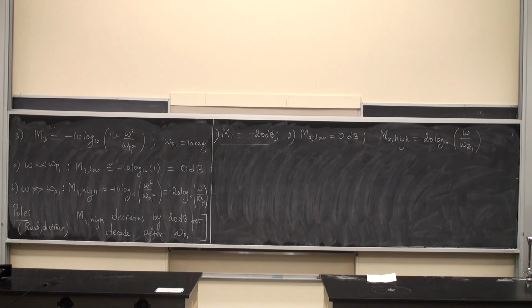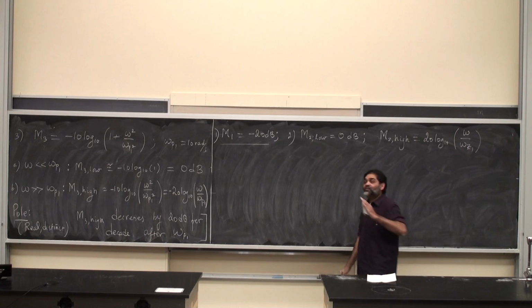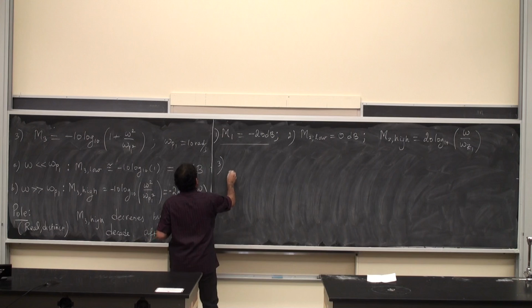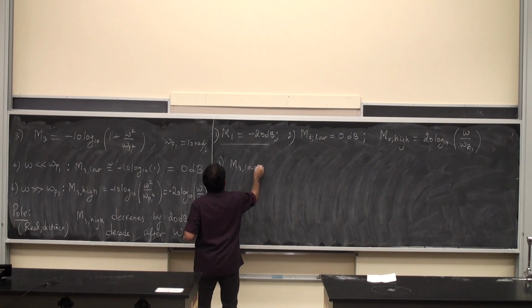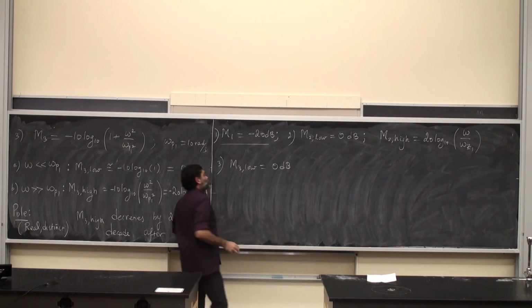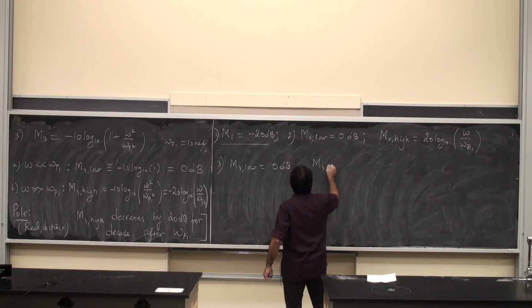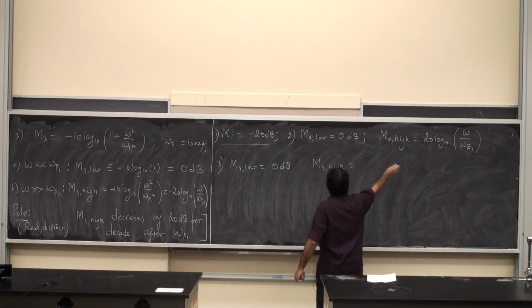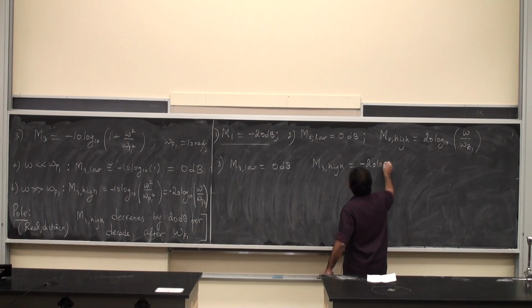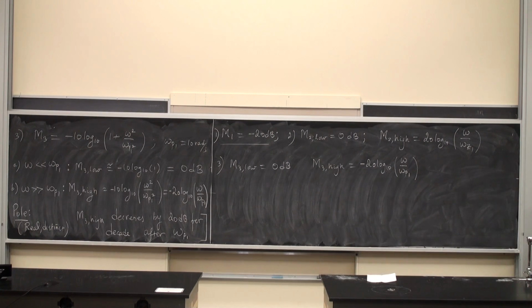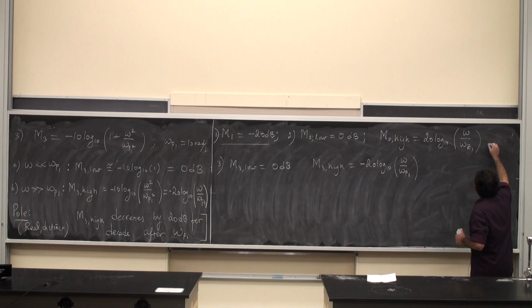This is the behavior of the zeros. Okay, so if you have a 0, you're going to see it increasing by 20 decibels per decade. Then the third thing, M3 low, 0 decibels, as we just did here. M3 high is minus 20 log 10 omega by omega P1. This is a decrease by 20 decibels per decade. This is increase.